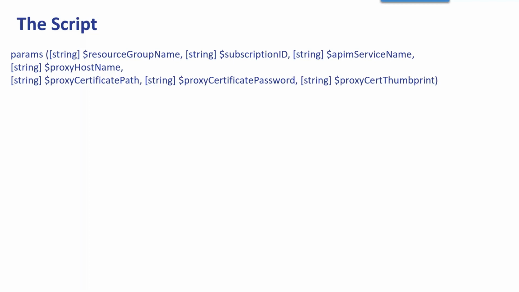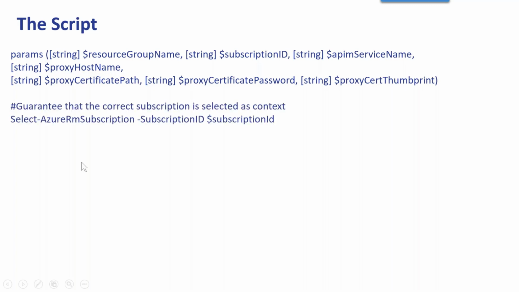You're going to pass in the resource group name where your API management instance is stored, the subscription ID, the API management service name, the proxy host name, like the name that you wanted for the custom domain. What is the certificate? Where is the certificate associated to that on your local machine? What is the password associated to that? Because that is a server certificate, right? So it has a private key. So it's usually a PFX certificate. And what is the thumbprint associated to that?